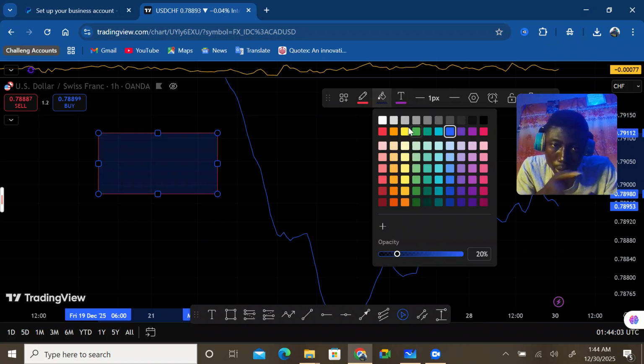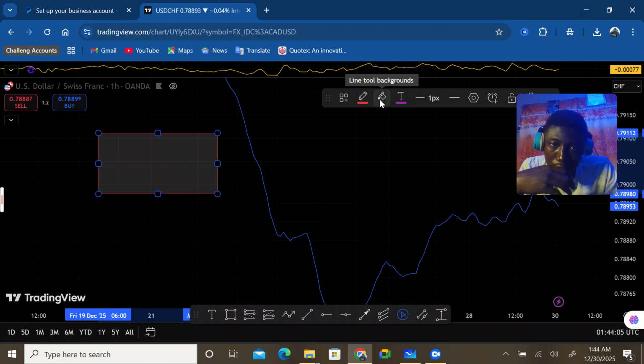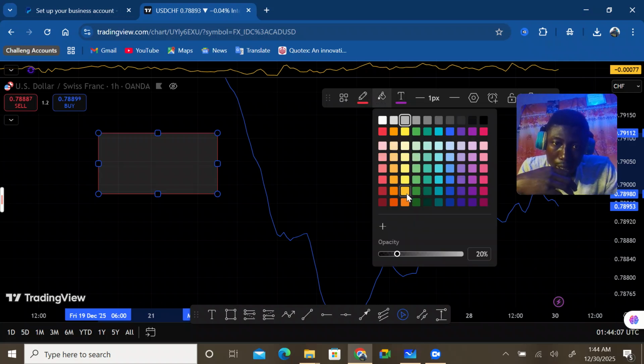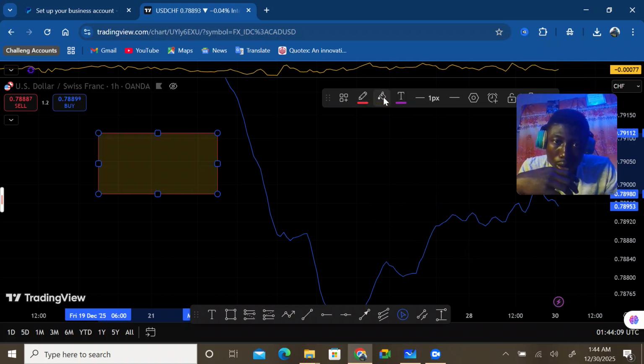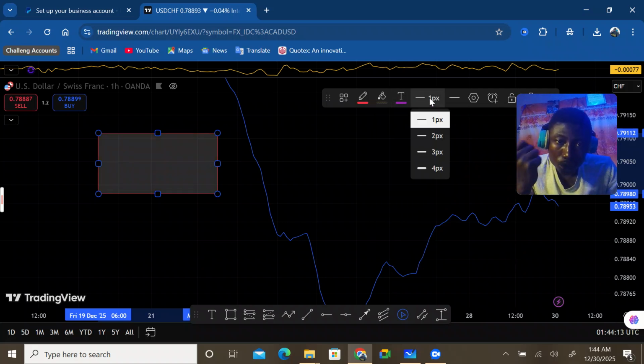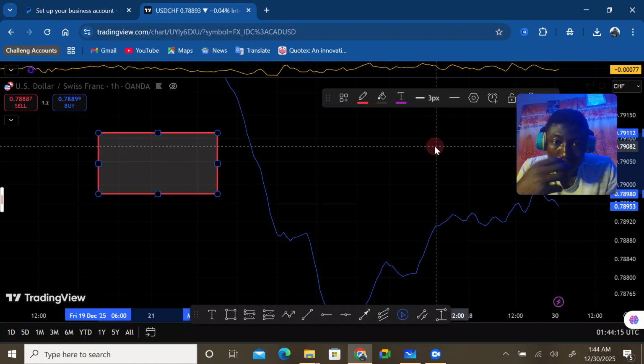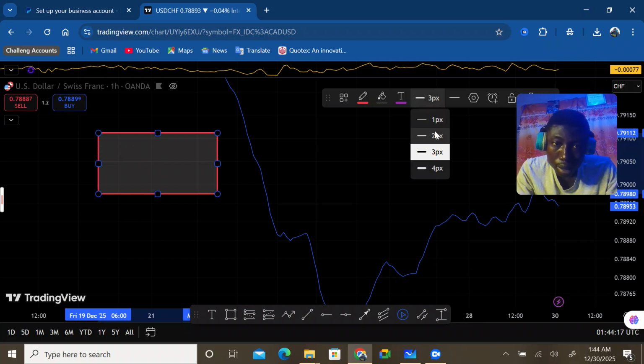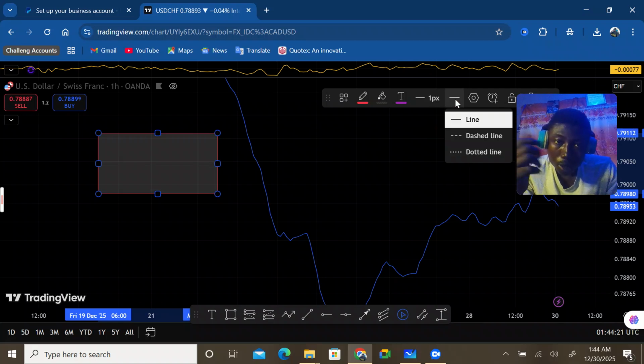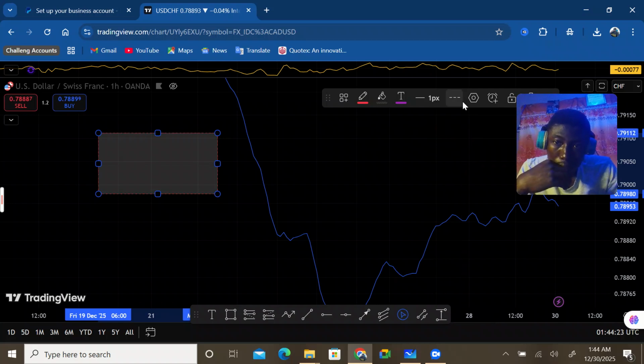Have blue color like this. You have white color like this. So any color that you prefer, you can change it, the same as the text over here. And you can also increase the round bottom, like I've increased it, I've reduced it a bit. You can also make the line a dotted line.